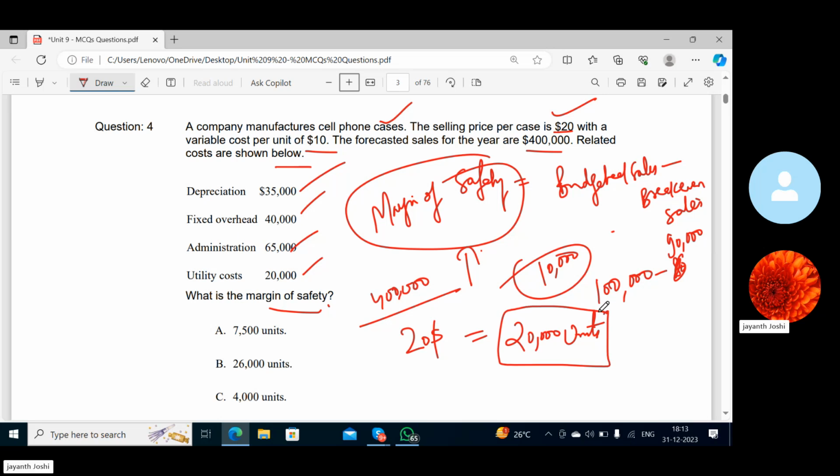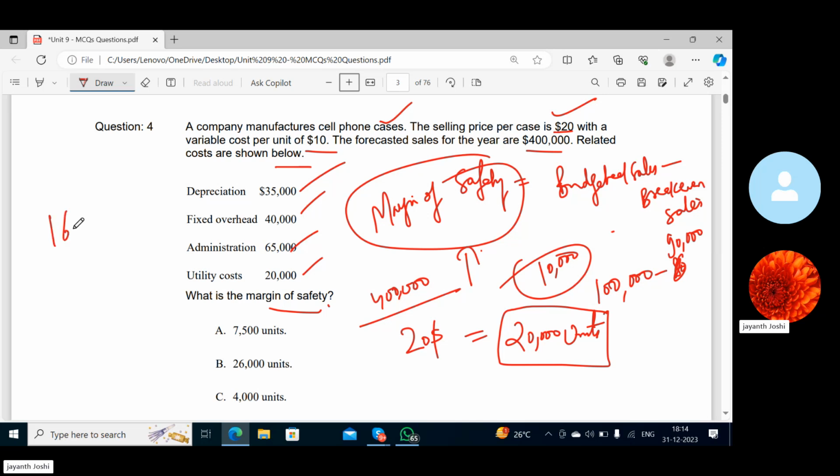But then we will see the break even sales. Can you just add all of them? 1,60,000. Because we don't have a variable cost, we have all fixed costs.